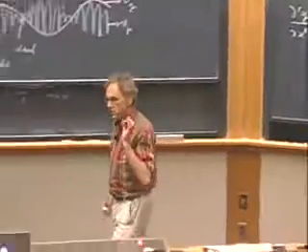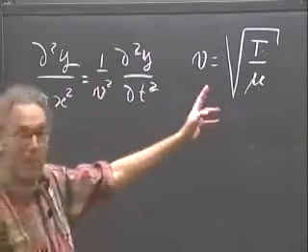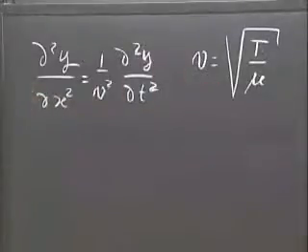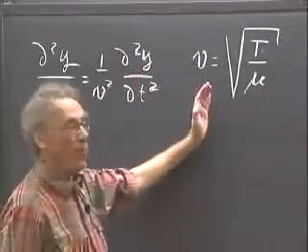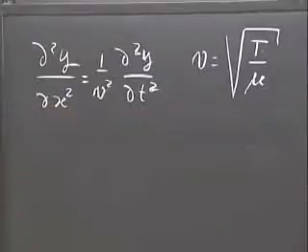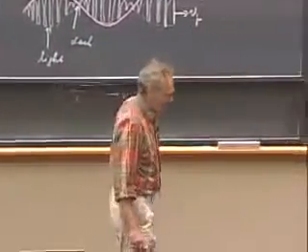In this speed there is no k, there is no omega, so it's a non-dispersive medium. You tell me what omega is, and this is going to be the speed. It's independent of frequency. It's a non-dispersive medium. And the reason for that is because we only took into account that the tension in the string was responsible for the restoring force.